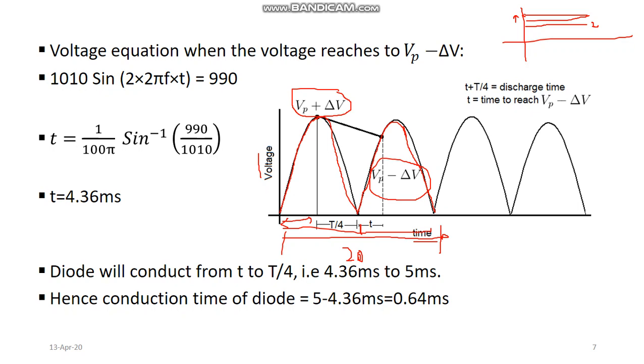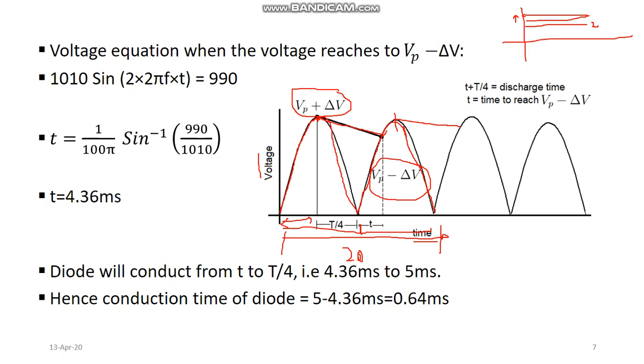So the capacitor charges up to its peak value, that is Vp plus delta V, and then it discharges from Vp plus delta V to the point Vp minus delta V, that is from 1010 volt to 990 volt, and then again it will charge up to its peak value, that is 1010 volt again, and then once again it will discharge from its peak value of 1010 volt to 990 volt.